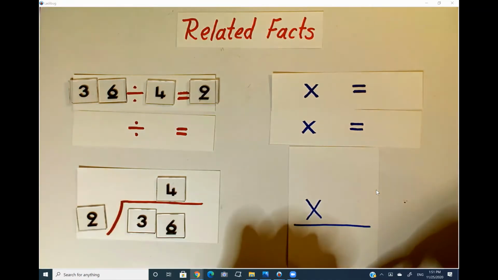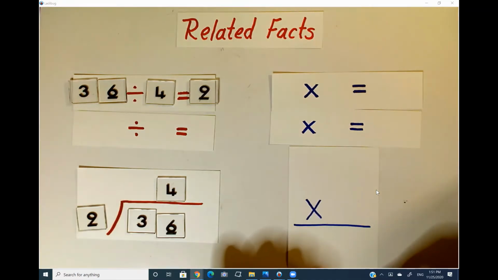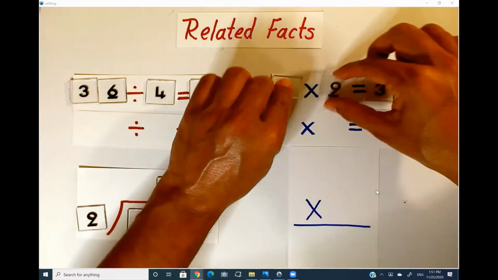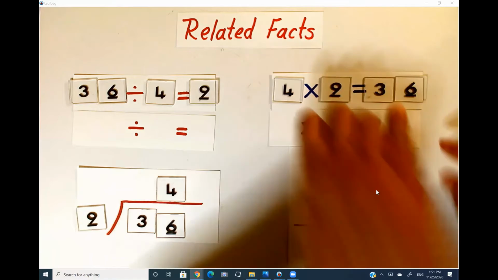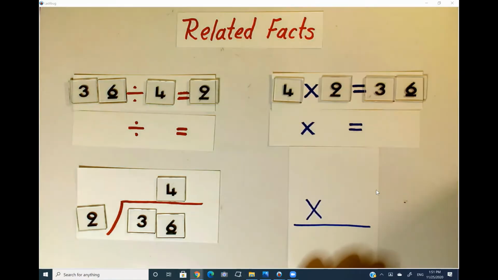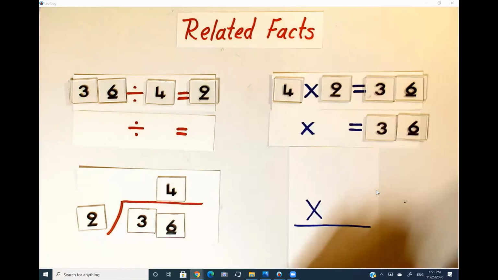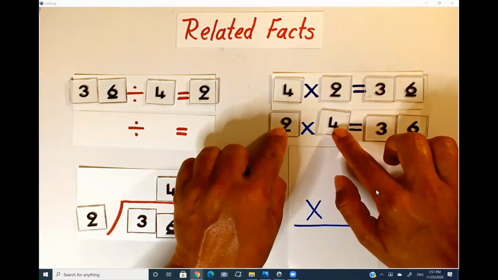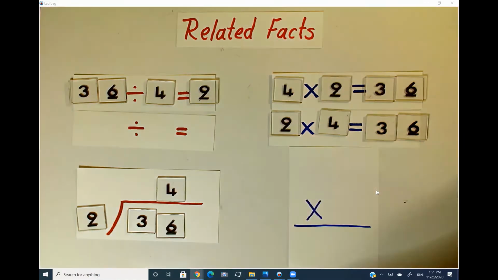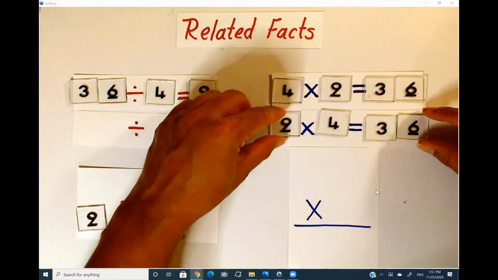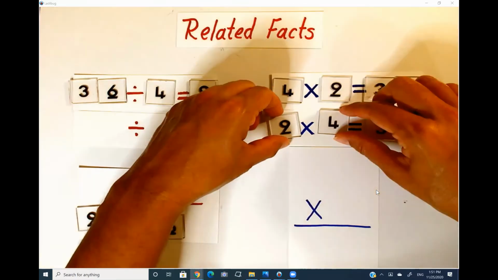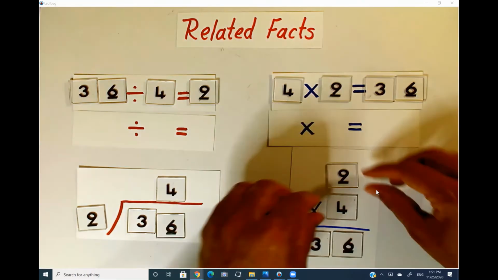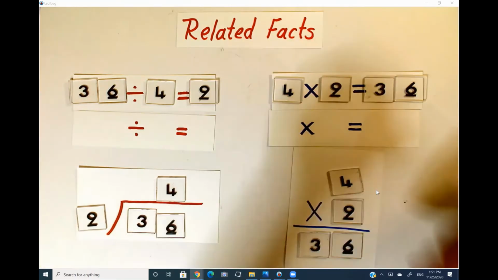If I have as the product 36, I know my factors are going to be 4 and 9, because 4 times 9 equals 36. But at the same time, if I have the same product, I can switch around the factors, and I can say 9 times 4 equals 36. And I can see the same in the algorithm. 9 times 4 is 36, the same as 4 times 9 equals 36.